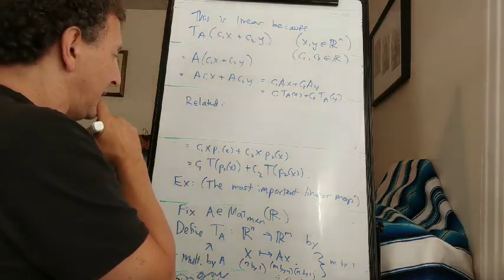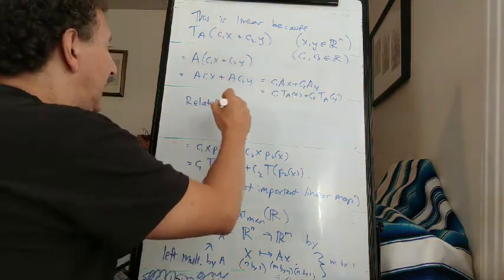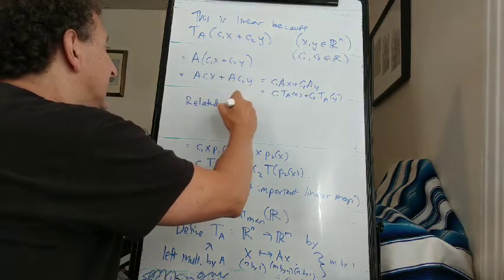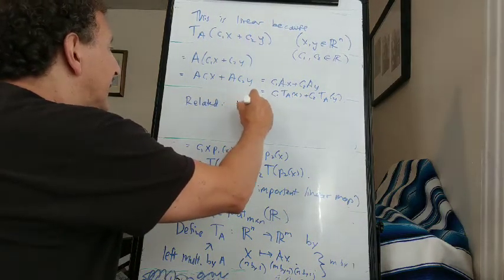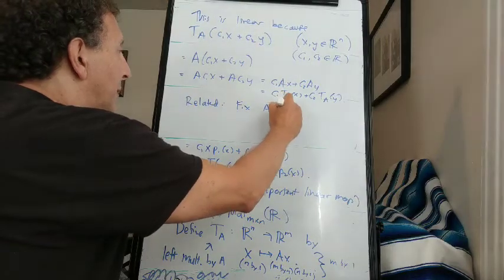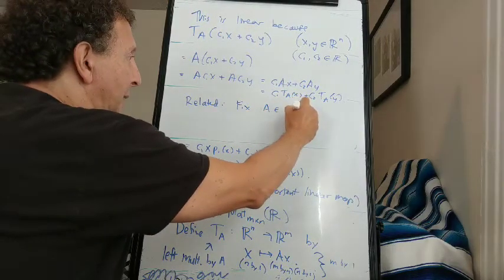So a related map is, let's fix A again, but I'm going to make it an n by n matrix.